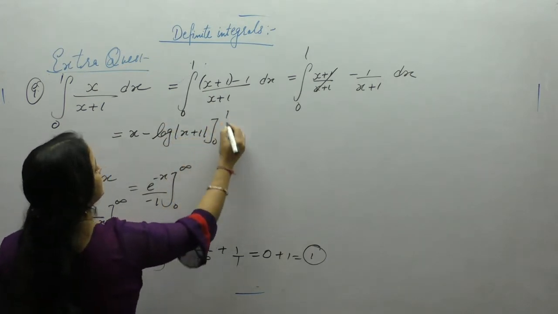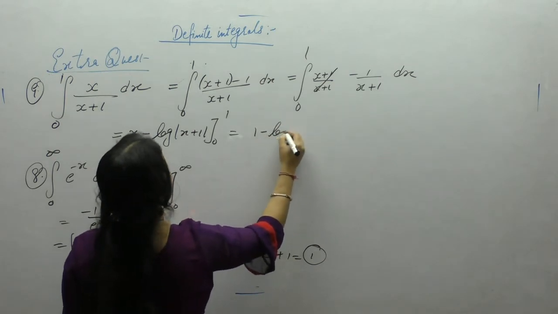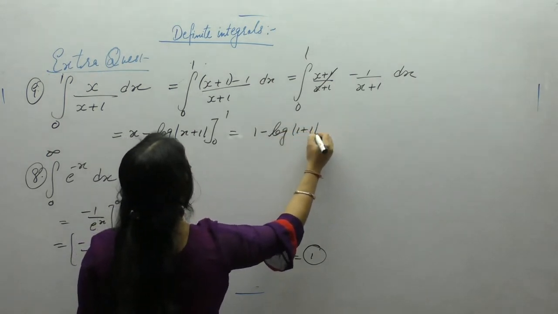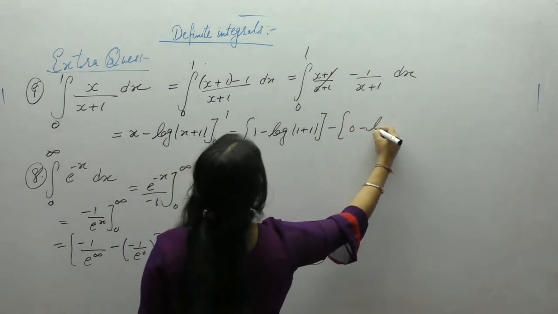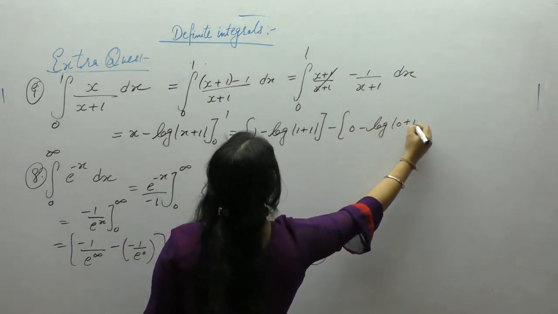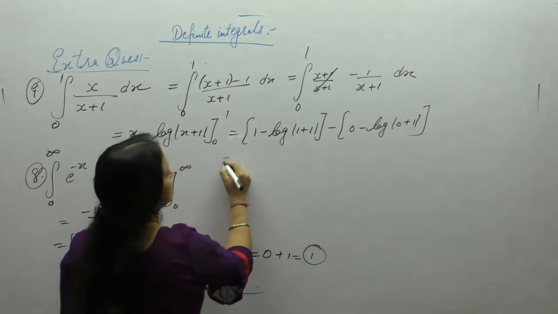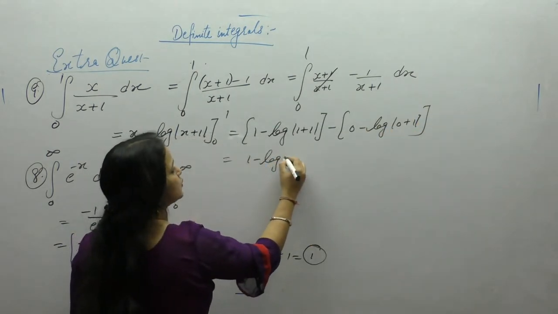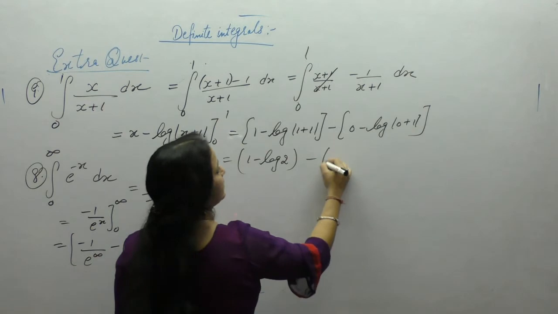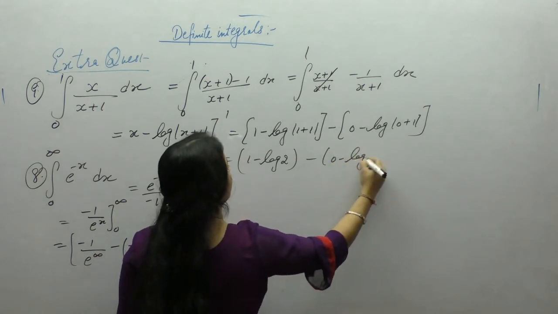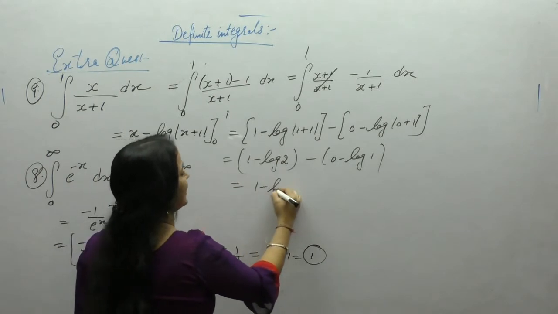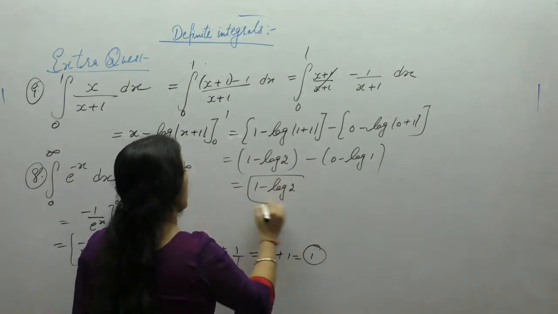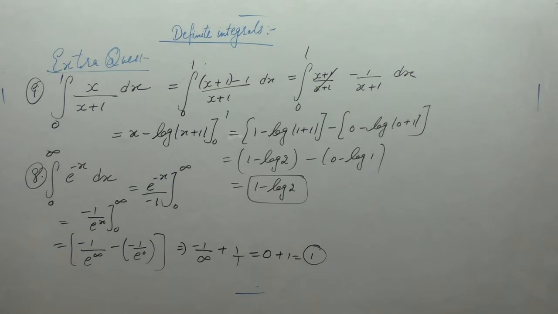Put the limits. 1 minus log 1 plus 1, upper limit minus lower limit 0, log 0 plus 1. 1 minus log 2 minus log of 1. Value of log 1 is 0, so 1 minus log 2.